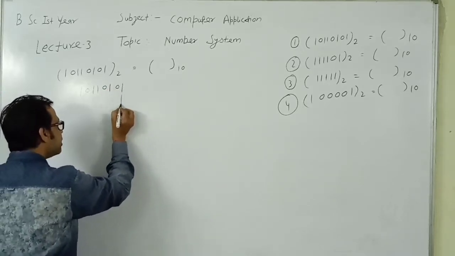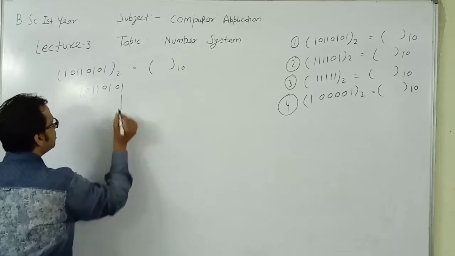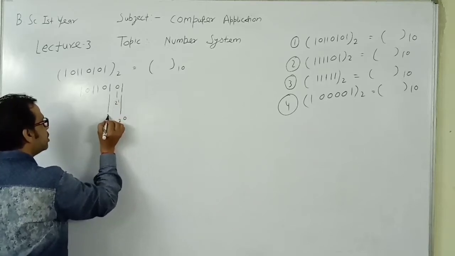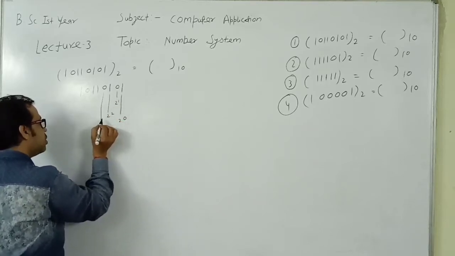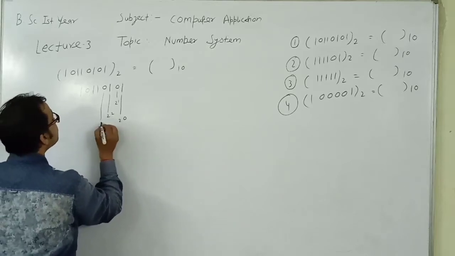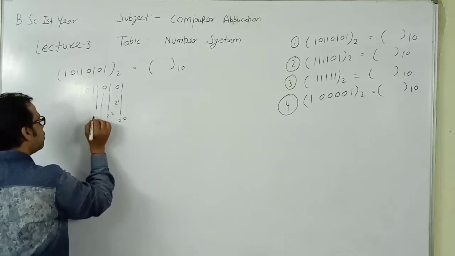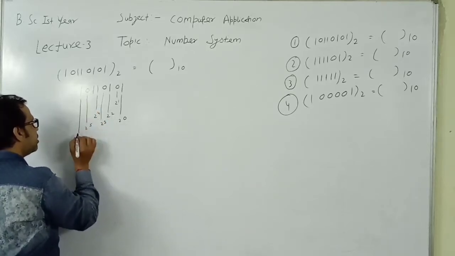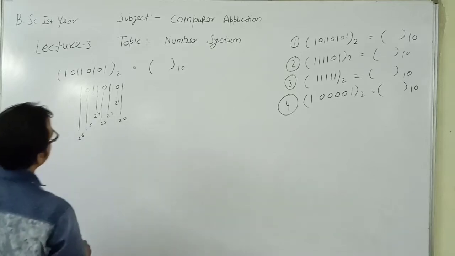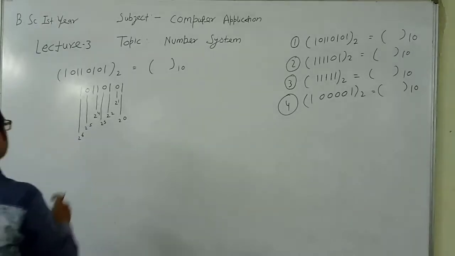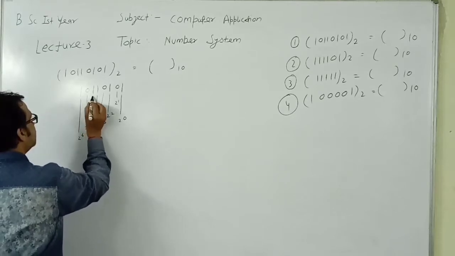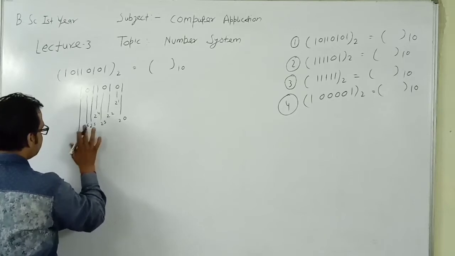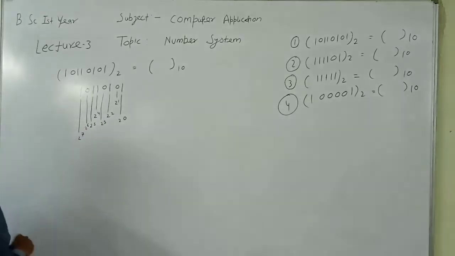Start from here. Write down its place value. Place value is 2's power 0. This is 2's power 1, this is 2's power 2, 2's power 3, 2's power 4, 2's power 5, 2's power 6, and this one is 2's power 7.